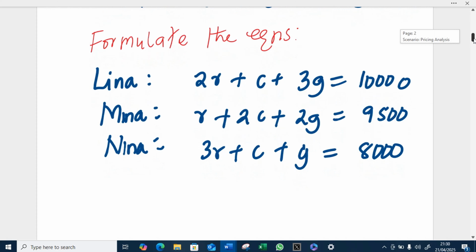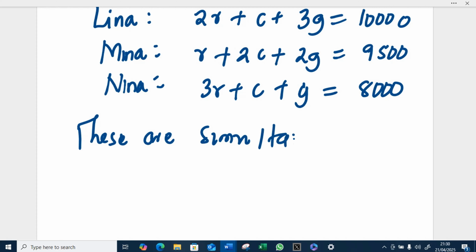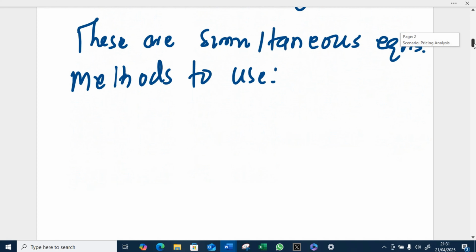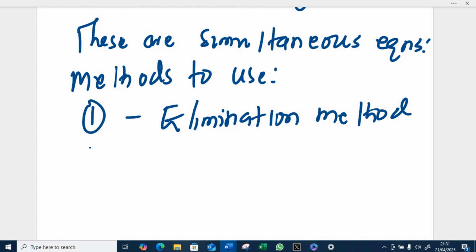So now we can see that these are simultaneous equations. Of the methods we use in most cases, you have a variety of them, and one of them is the elimination method, or what you can call substitution.